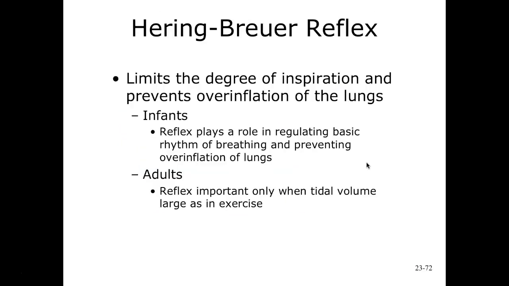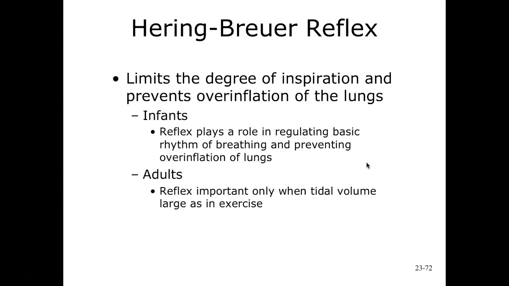So now more about this Hering-Breuer reflex. So this is going to limit the depth of our inspiration and prevents overinflation of our lungs. Like I mentioned before, we have stretch receptors within the walls of our bronchi and our bronchioles, so that it'll send sensory information to our brain to tell it not to overinflate and to trigger expiration instead.